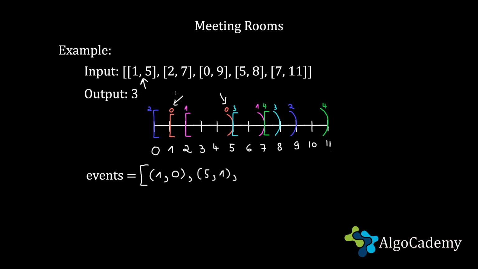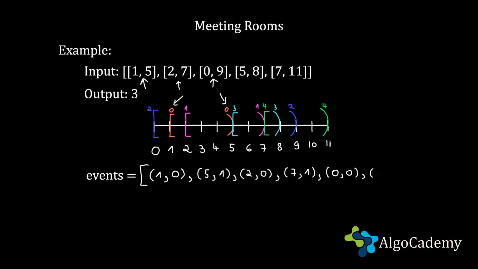Then the next one is 2, 7, right? So I have the first event here, moment of time 2, type 0, and the second one, moment of time 7 and type 1. Next one, 0, 9. What's going to happen here? First event 0, start of the meeting.